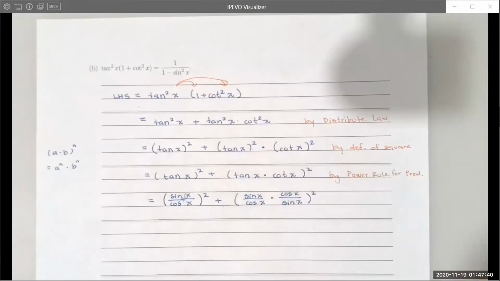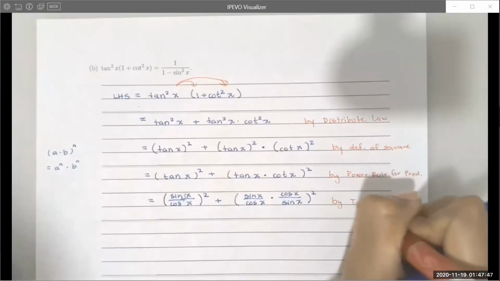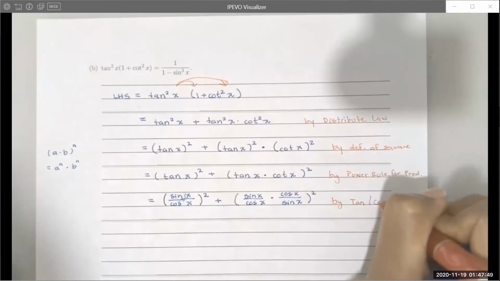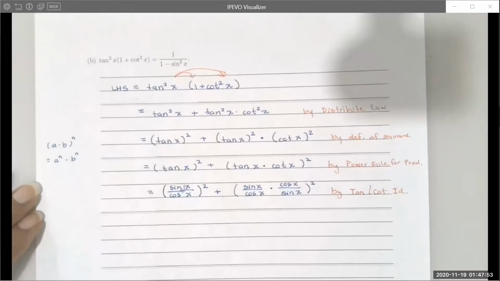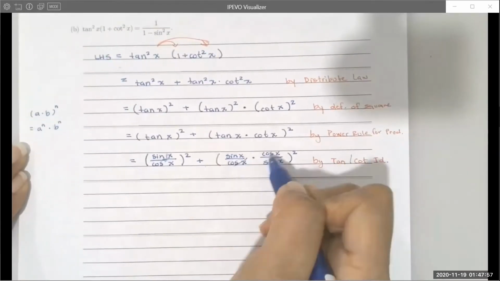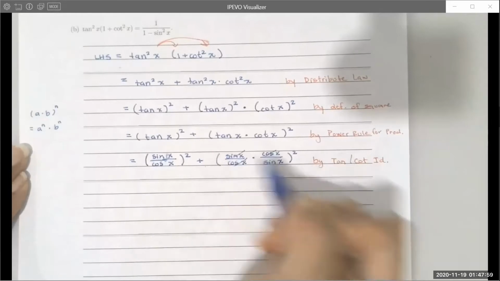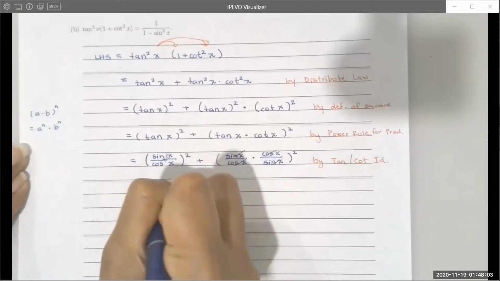And then we have squared. And this is going to be by the tangent and cotangent identities. Okay. Now look at what happens with the second term. The cosines cancel, the sines cancel. We end up with a sine.